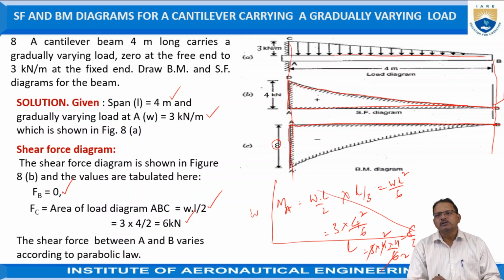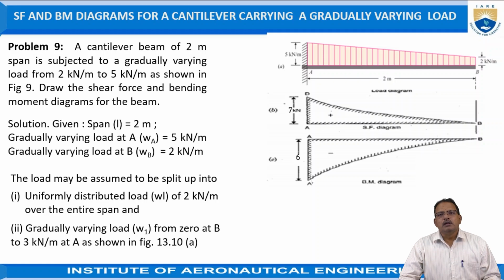Assume 1 kilonewton meter is equal to 10 mm, that is 80 mm. You have to take it in the downward direction. Join these 2 points by using a smooth curve. This curve is known as cubical, because the bending moment is proportional to the cube of the length of the beam.